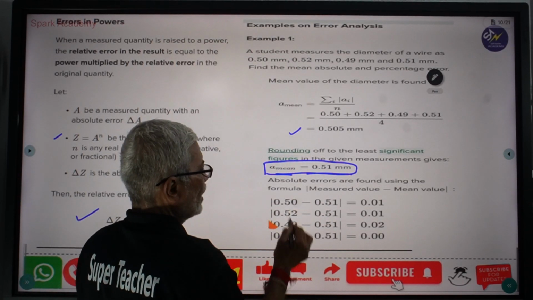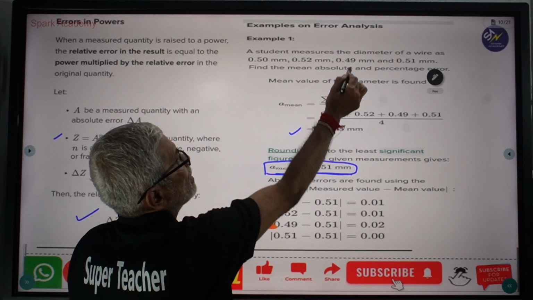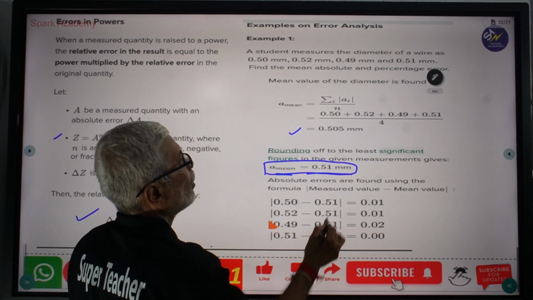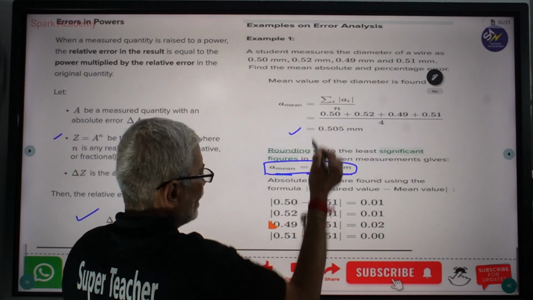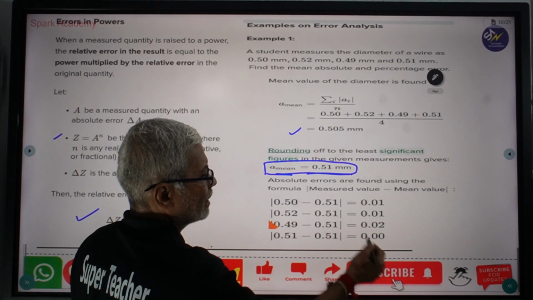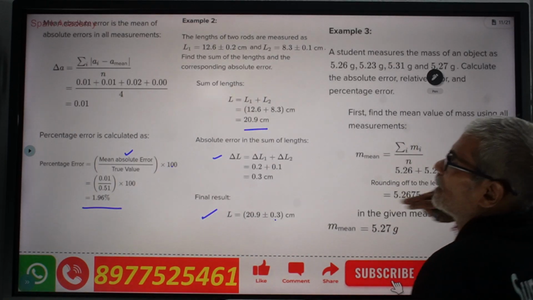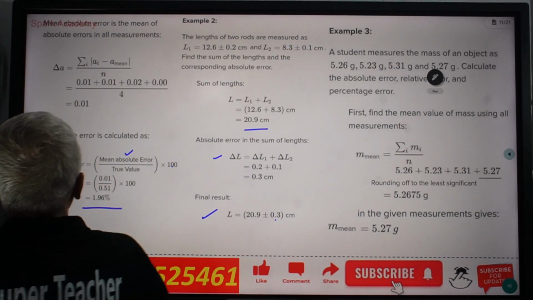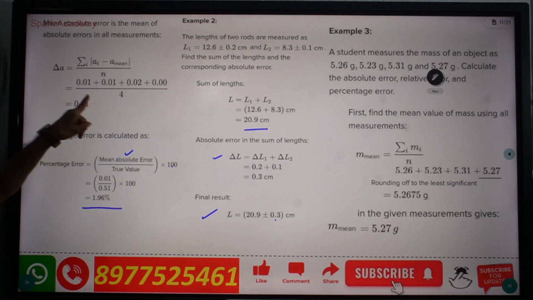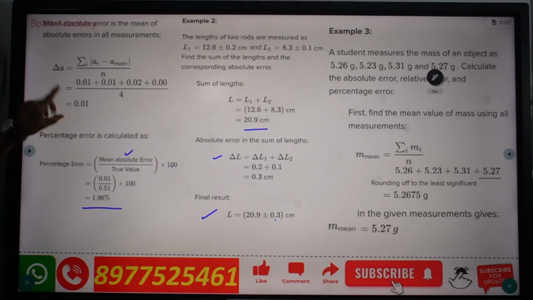Next, 0.52 minus 0.51. Similarly, 0.49 minus 0.51, you will get this value. Then again you find the average of these values. So you add them and divide by 4. So this is your mean absolute error.